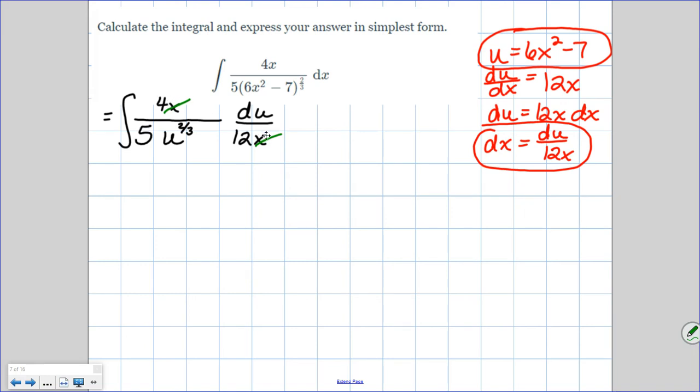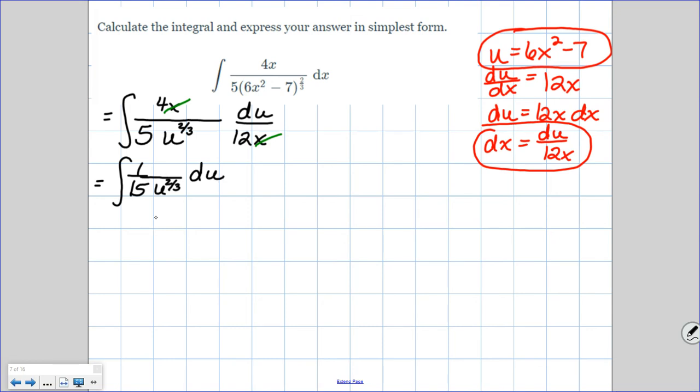And then 4/5 and that 12, I can combine those because it's like 4/5 times 1/12. So if I combine that together, I have 1/15 and then 1 over u to the 2/3 du.